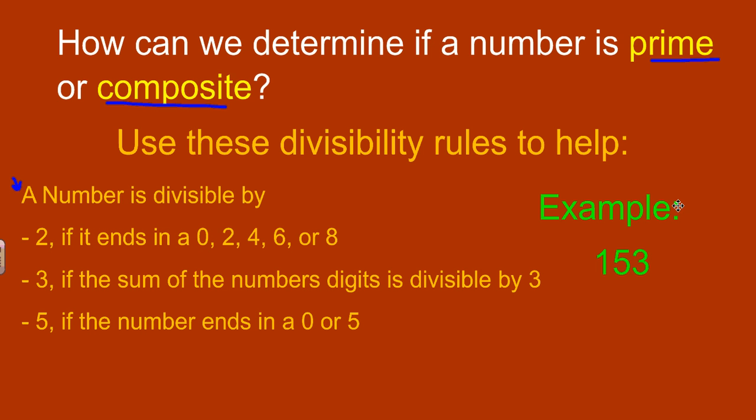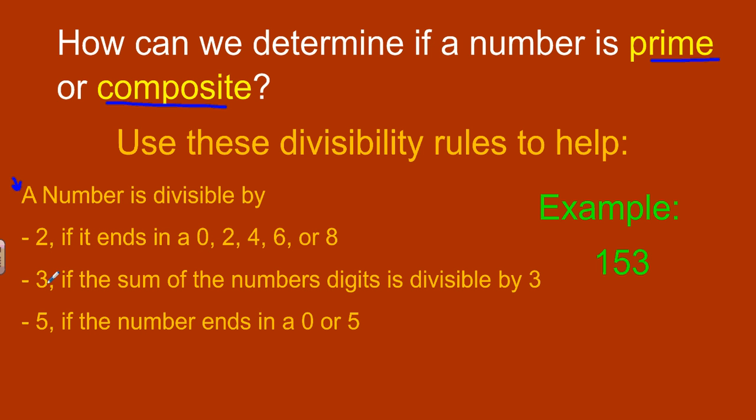Is 153 prime or composite? If it's composite, we know that it's got more than 2 factors. If it's prime, it has exactly 2 factors. Let's try the divisibility rules. Is it divisible by 2? No, because it doesn't end in a 0, 2, 4, 6, or 8.